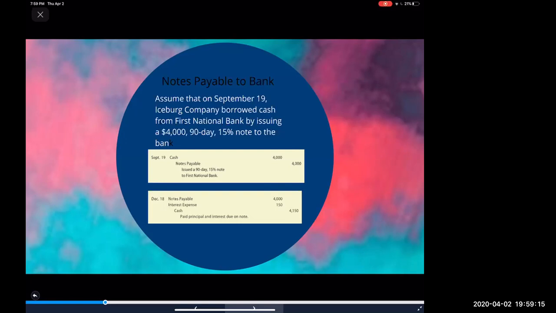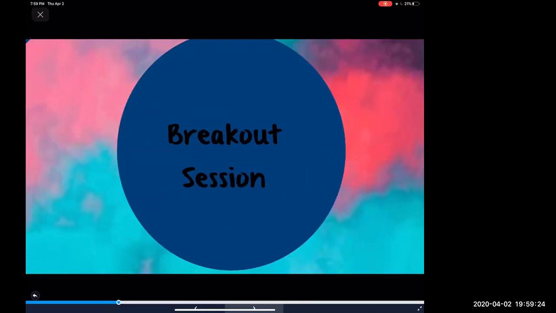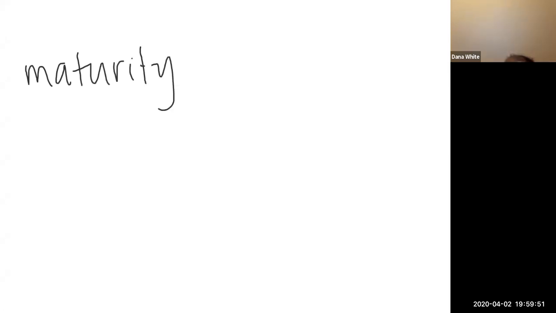Okay, so before we dive into any examples, let's talk about when a loan is due. Perfect time to do a breakout session. But before that, what I want to do is page through all three examples, all three scenarios, and then how to calculate interest. When something is at maturity, hopefully from chapter 8 or maybe now, what that means is the note that was promised, the note plus interest, is due.